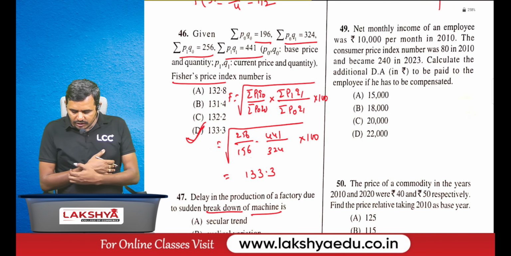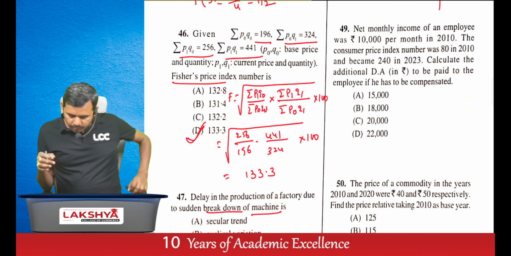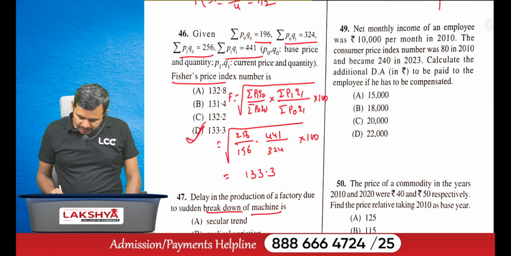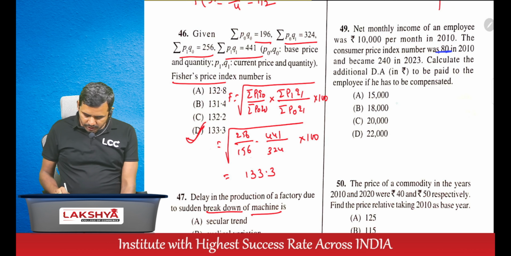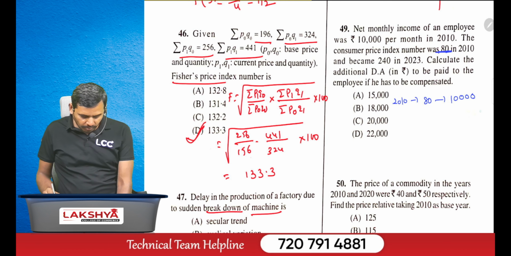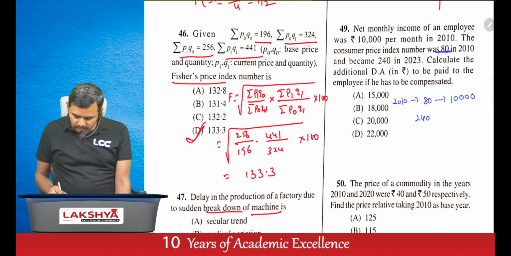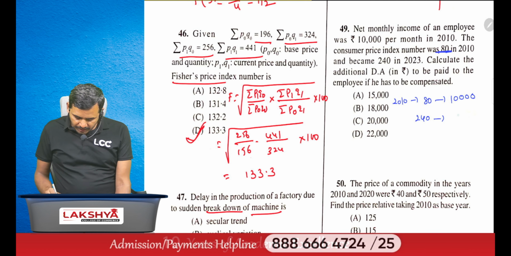Next, net monthly income of an employee was 10,000 rupees per month in 2010. The consumer price index number was 80. In 2010 the index number is 80, at that time he was receiving a salary of 10,000. It rises to 240 in 2023. Calculate the additional DA.